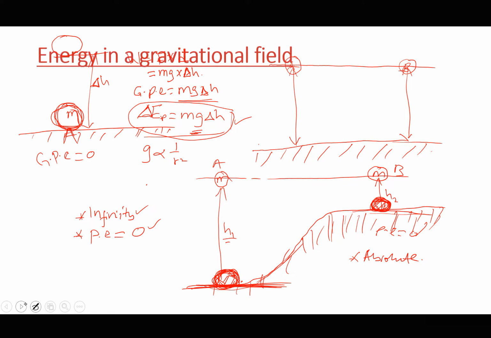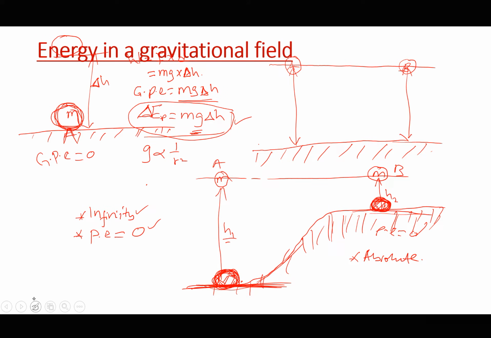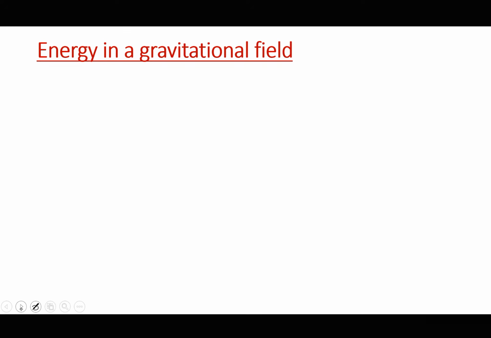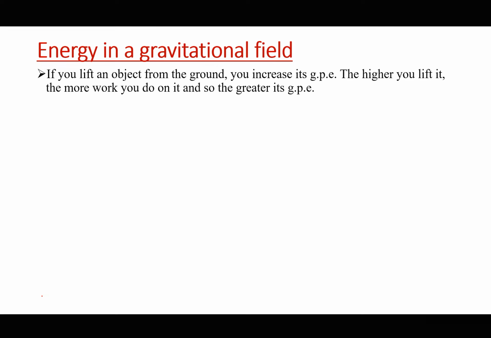So this is what I have actually been talking about. I think I need to erase this. So we have said if you lift an object from the ground, there is an increase in gravitational potential energy, and the higher you lift it, the more work you do on it. Therefore, the greater the potential energy. That is very true.